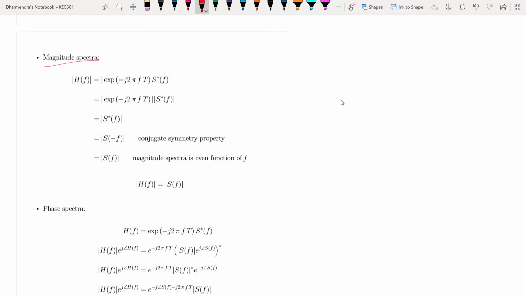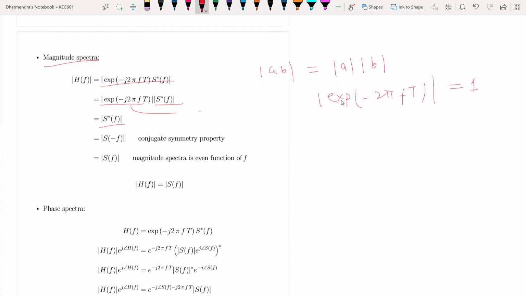For the magnitude response, I take the absolute value of H of f. The absolute value of a times b is the absolute value of a times the absolute value of b. Applying this, I can write this as equal to the absolute value of the exponential of minus j 2 pi f T, which will be 1.